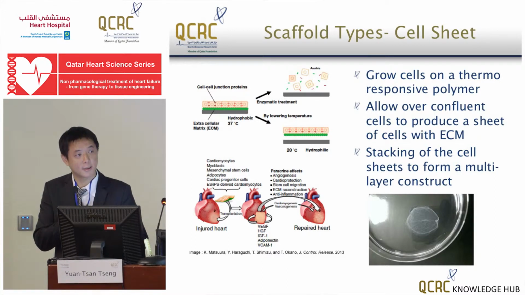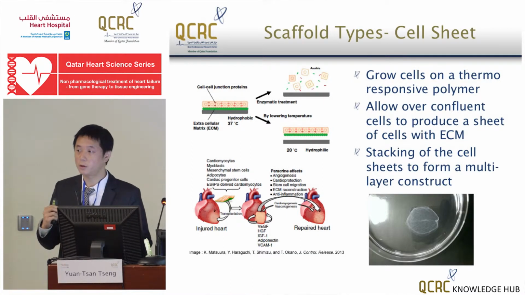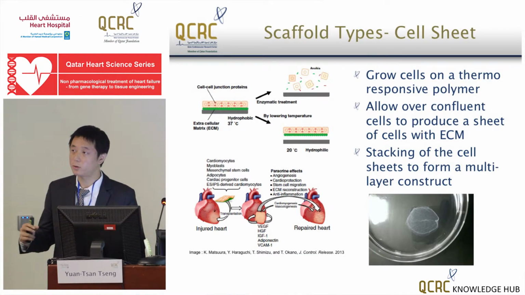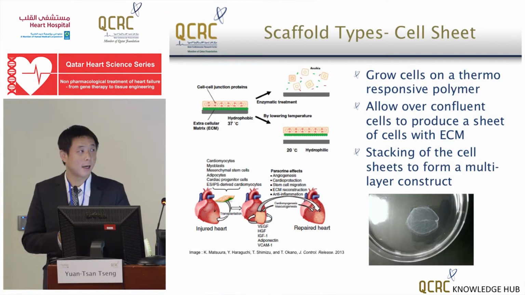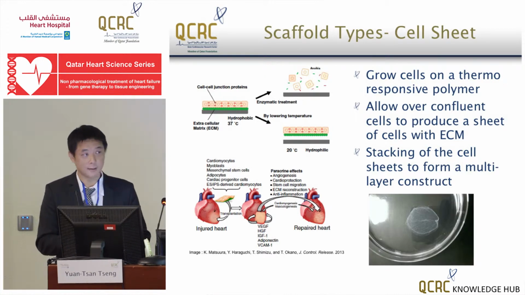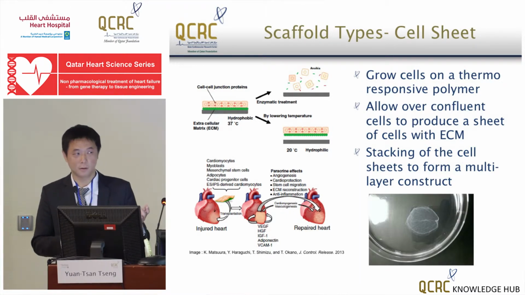You can see a detached cell sheet floating in PBS solution. Essentially, you have a sheet of cells with the extracellular matrix intact. This has a potential application for transplantation to injured hearts, and by introducing the right cells, we might be introducing a paracrine effect as well. It's also possible to stack the cell sheets for multi-layer constructs. Of course, there are problems with the mechanical properties in this aspect.